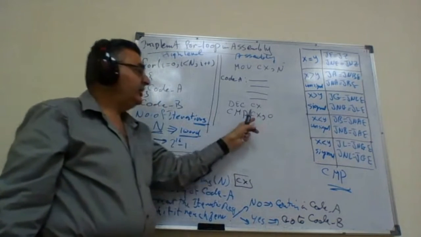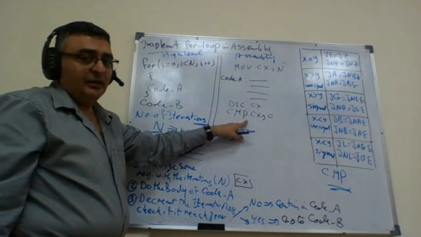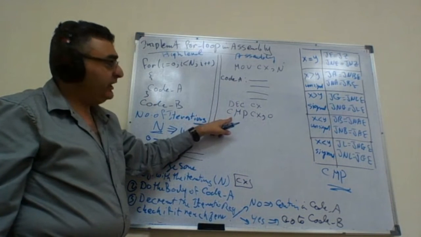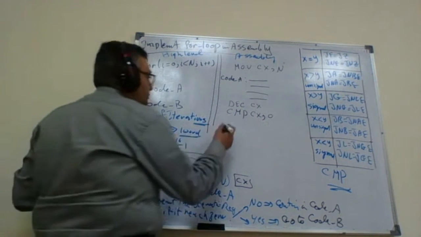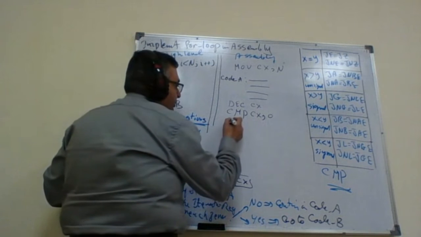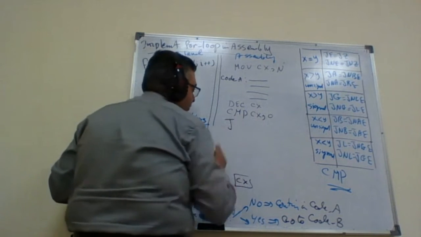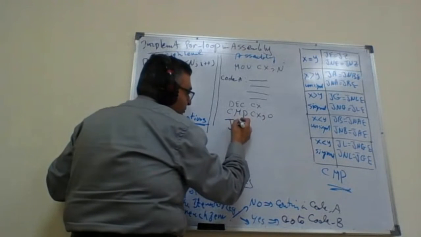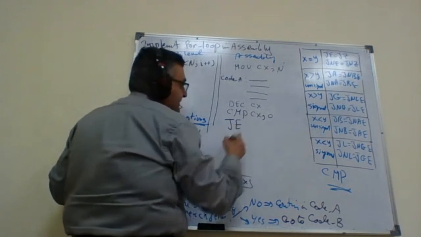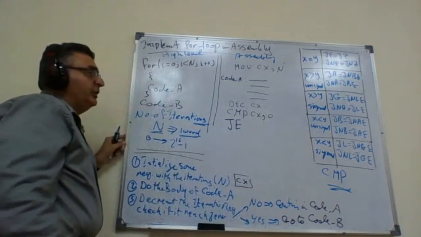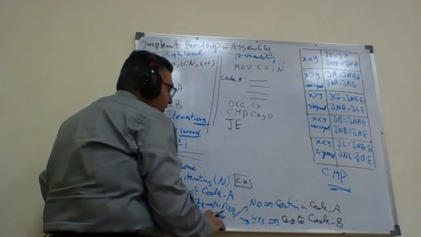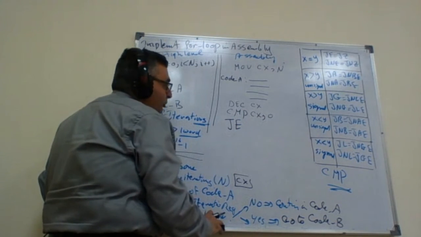If CX equals 0, it means I already have done N iterations. So here I will use a conditional jump. Jump if equal or jump if not equal, depends where I want to jump.